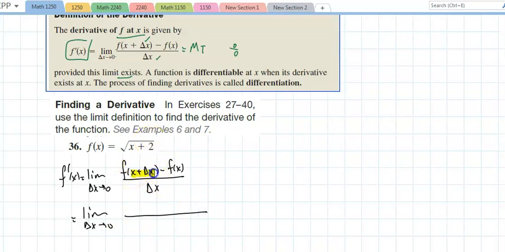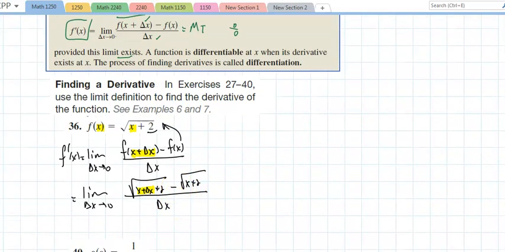F of x plus delta x is going to be the square root of x plus delta x. Don't forget the plus 2. Minus f of x. F of x is simply what you see, over delta x.